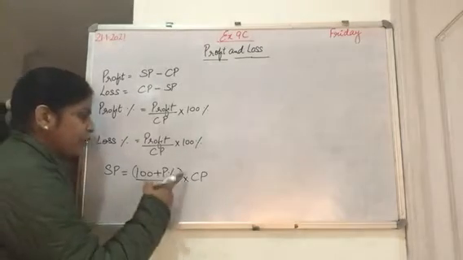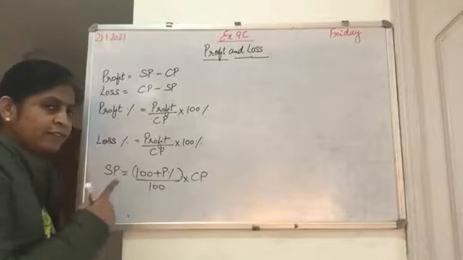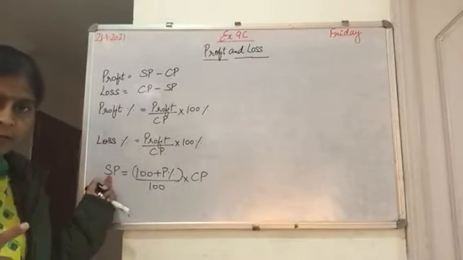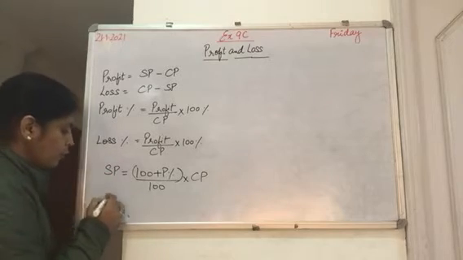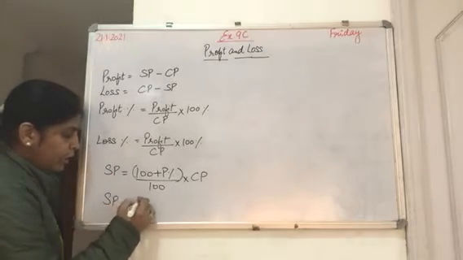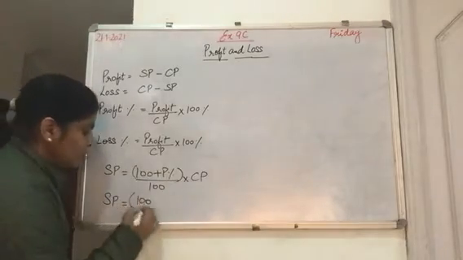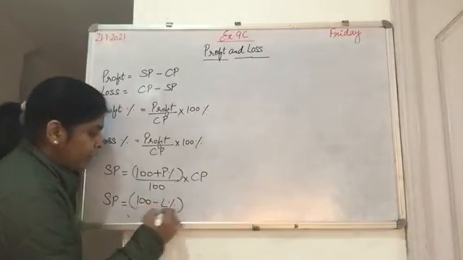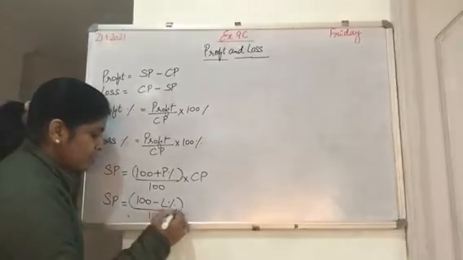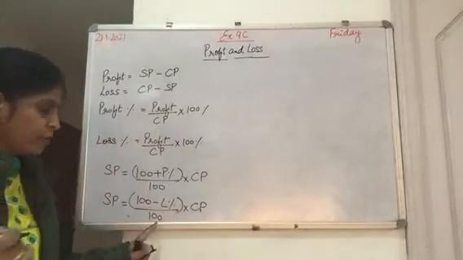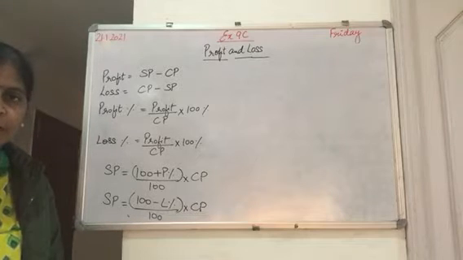So when profit percent and cost price are given, apply this formula for directly calculating selling price. Now one more formula, if instead of profit percent loss percent is given, loss is always subtracted, and the rest of the formula will be the same: 100 minus loss percent upon 100 into CP.